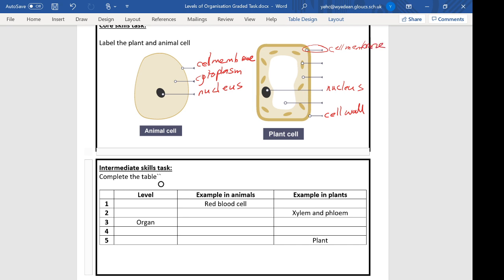A very common mistake a lot of students make is about the function of the cell wall. I would say around 50% of students mistake the cell wall for something that protects the plant cell, but it doesn't do any protection. It's got a bunch of holes in it where it's really easy for things like bacteria and viruses to get through.